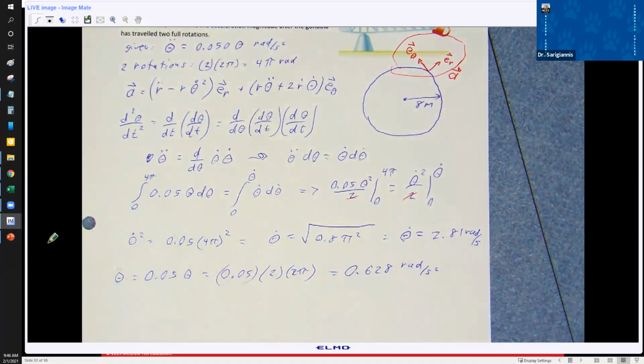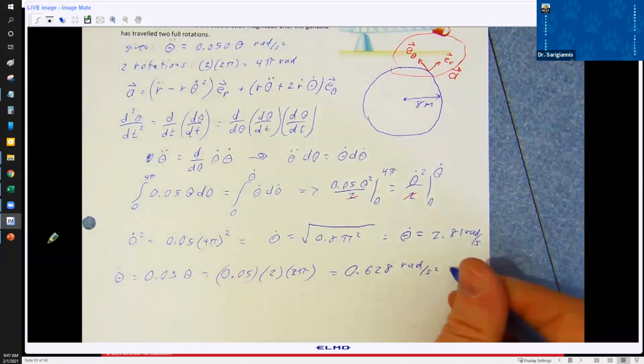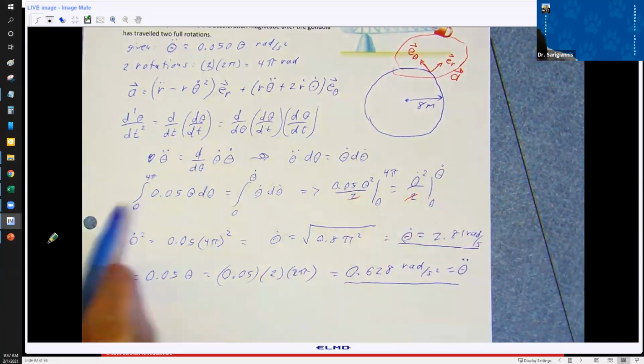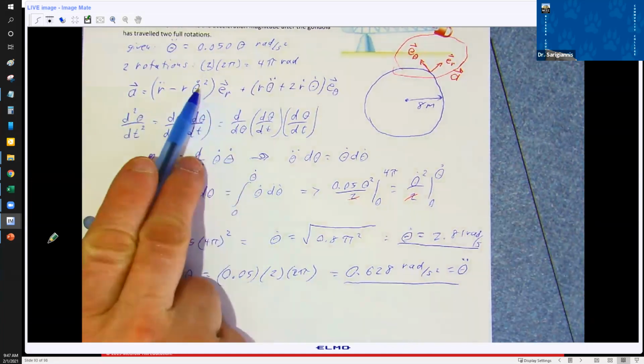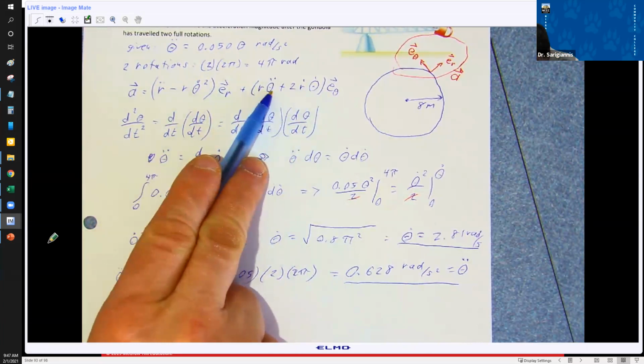Theta and theta dot. Yeah, that's pretty much it for the thetas. Now we got to look at our r's. So let me just write this as theta second derivative. They're both theta dot, and we've got theta double dot.